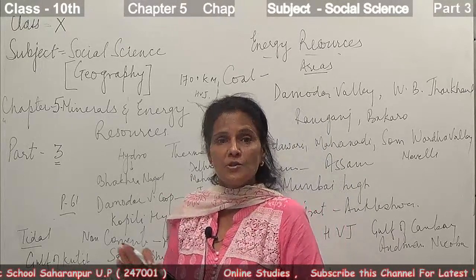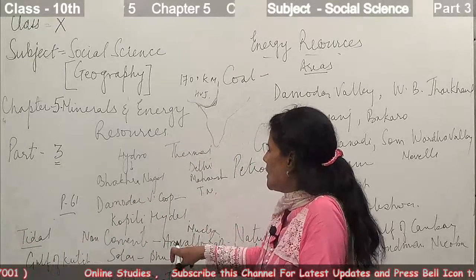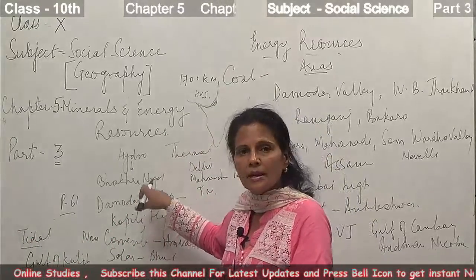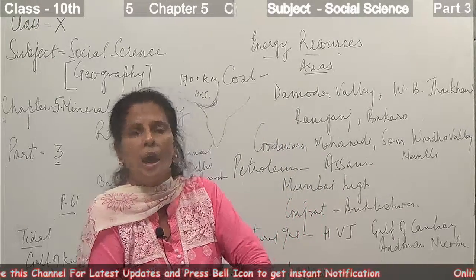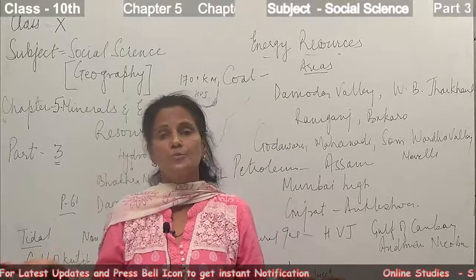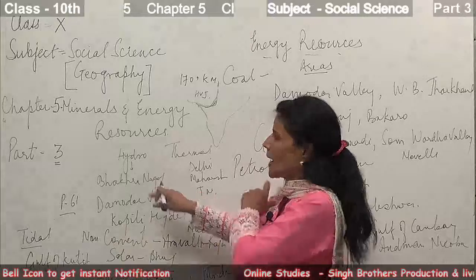There are so many. Page number 61 is filled with all this map. Locate all these areas. All this water is needed to produce hydroelectricity. And there are a number of multi-purpose projects in India producing hydroelectricity.